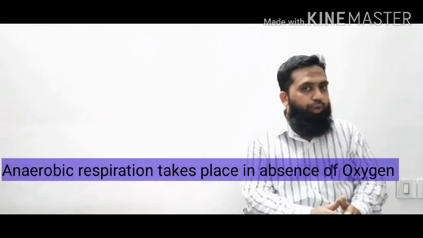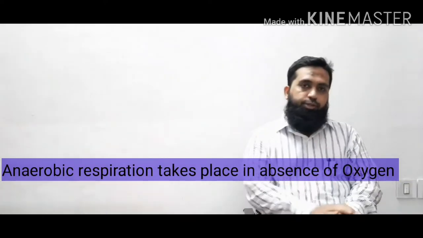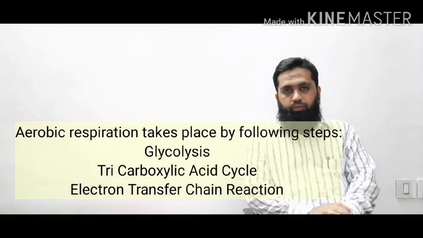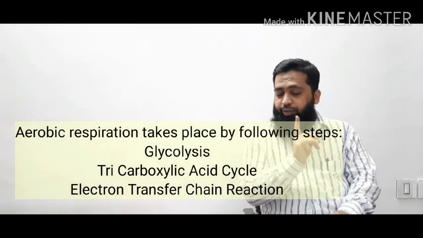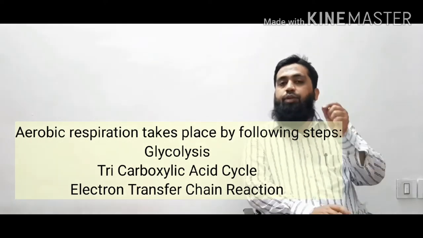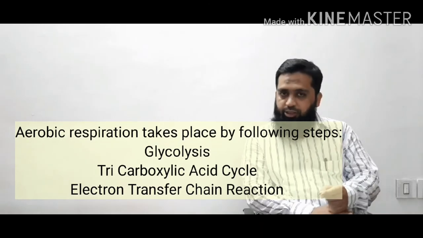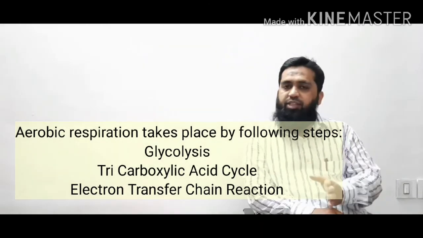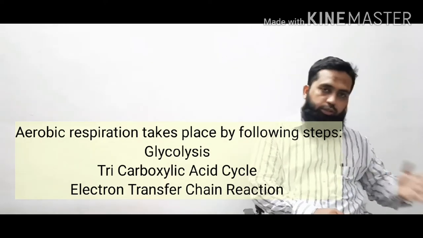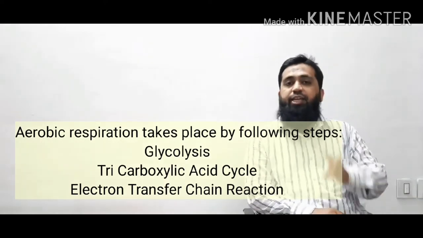So let us start with aerobic respiration. Aerobic respiration takes place in three steps. Let me make you understand. We are talking about cellular respiration that takes place in the presence of oxygen, in which glucose gets oxidized. It takes place in three steps.